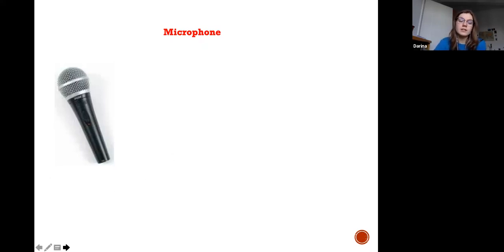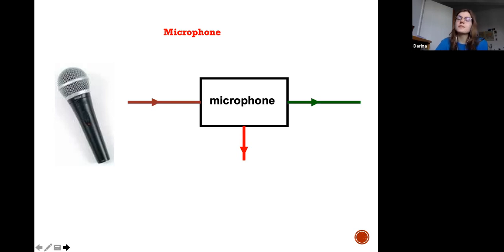We actually have a couple of stages to this one. Initially, we just have sound energy being input to the microphone, right? But inside the microphone, you're right, we do produce electrical impulses, right? So our useful signal would be electrical impulses, and our wasted would be, what do you think? Thermal. Yeah, it's pretty much always thermal. If you aren't quite sure, I would always guess thermal.